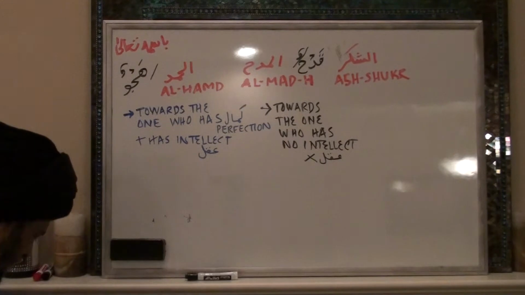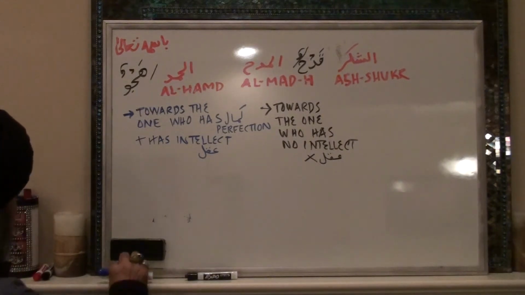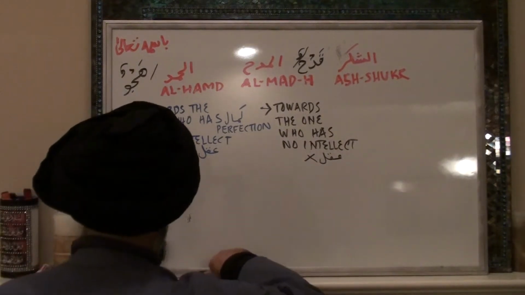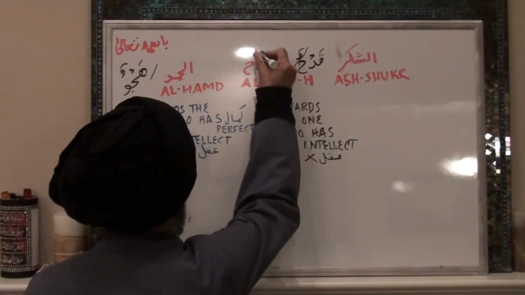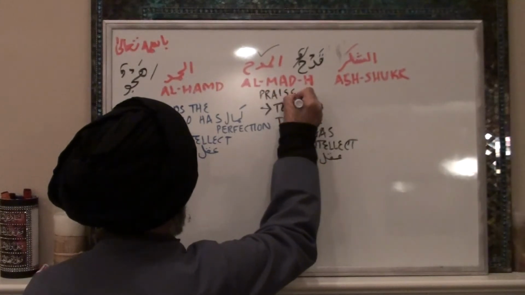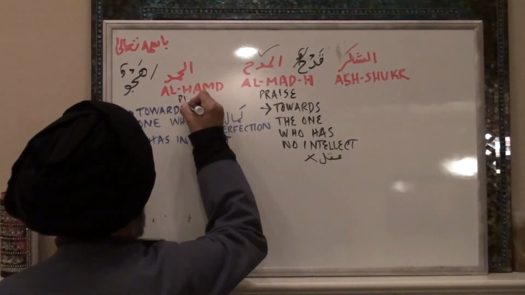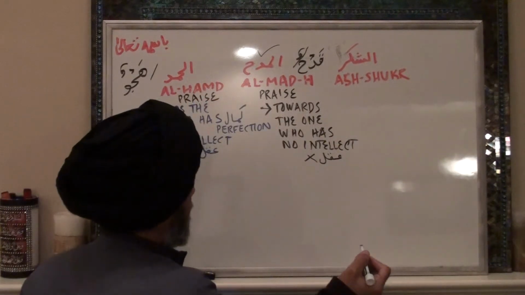So now let's go to the next point. When this is the case, it's understandable that we can use the word madh in Arabic, which in English we usually translate as praise, as synonyms.